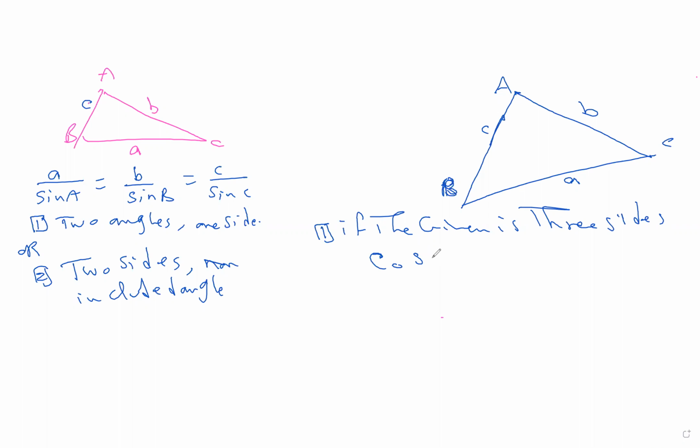Cosine A equals b squared plus c squared minus a squared over 2bc. You can use this formula if you have the three sides.